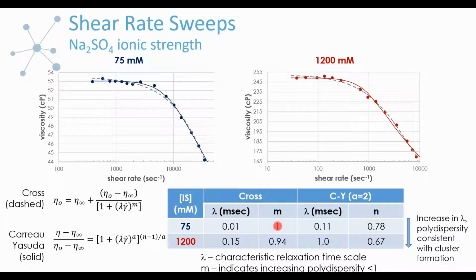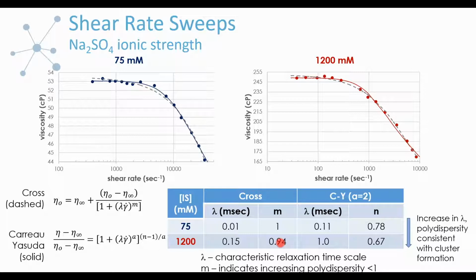And so again, as the parameter m decreases, indicating increased polydispersity, this again is consistent with the idea of attractions and then aggregation, because when you have aggregation in this type of system, you don't generally form all doublets, all triplets, etc. You tend to form a spectrum of sizes, which then introduces effective polydispersity in the system.